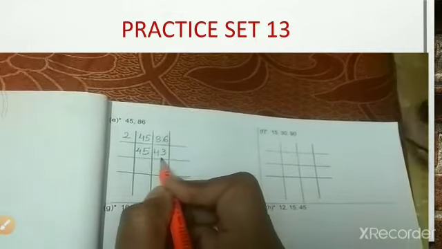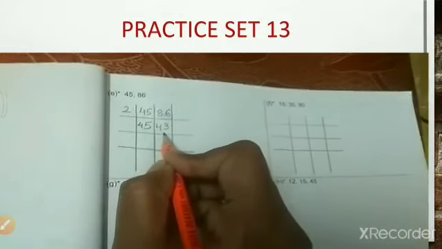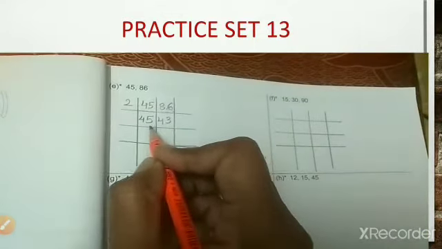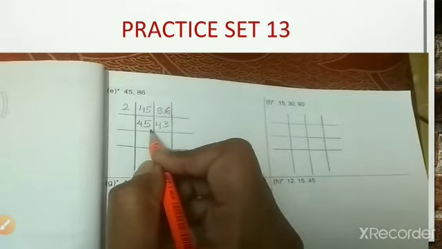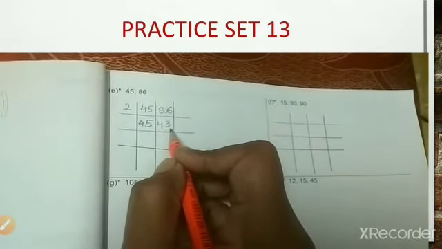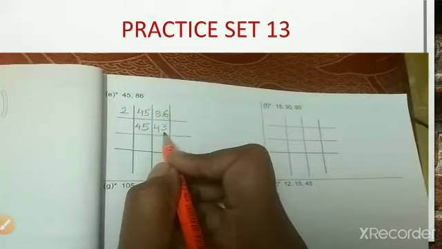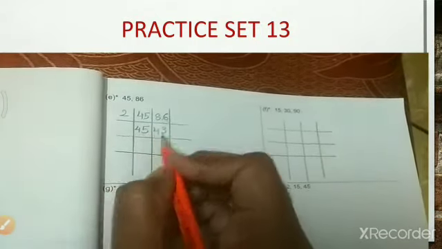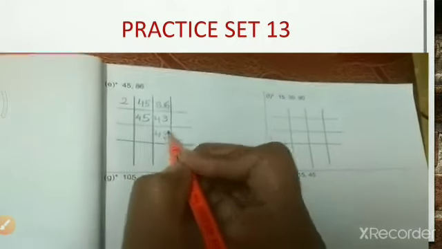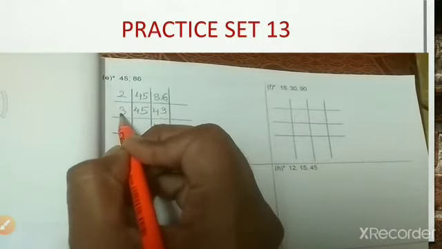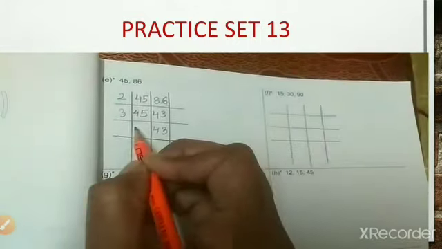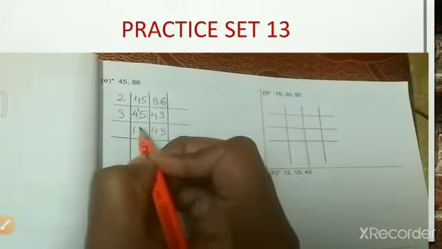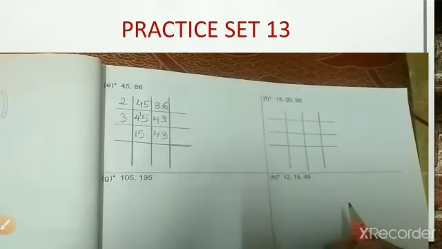Now 45 and 43 is divisible by which number? Again it is not divisible together by any number. So 45 is divisible by 3. So 43 will come as it is and 45 we will divide by 3. So 3 1s are 3, 1 carry, 3 5s are 15.